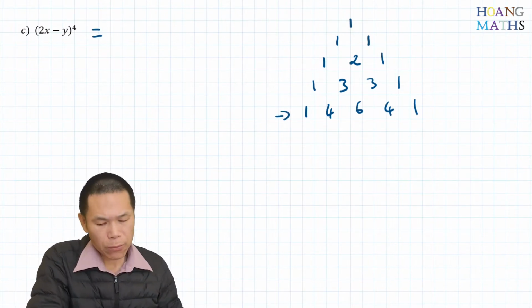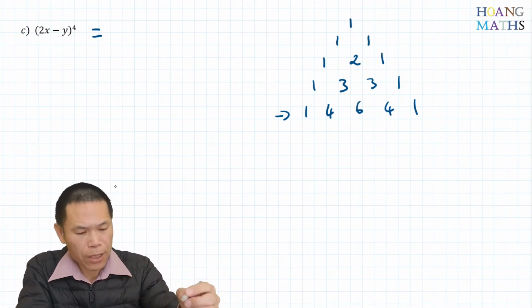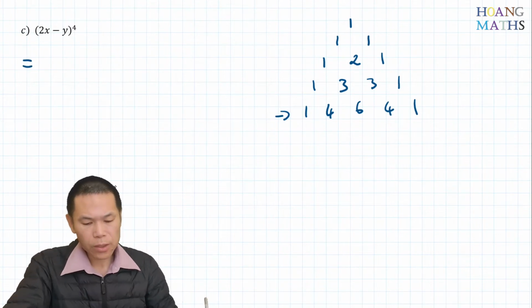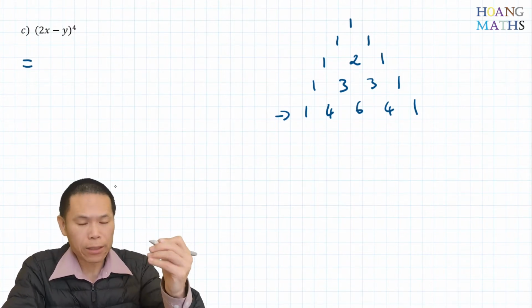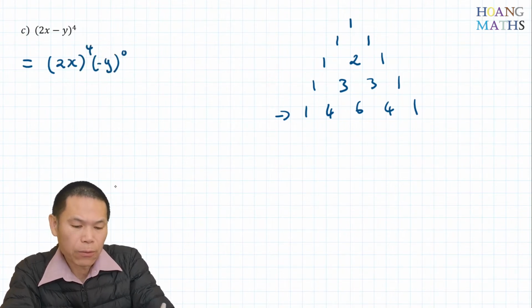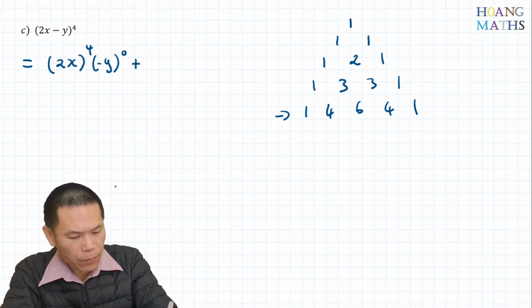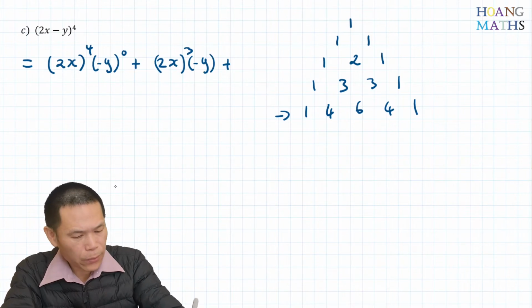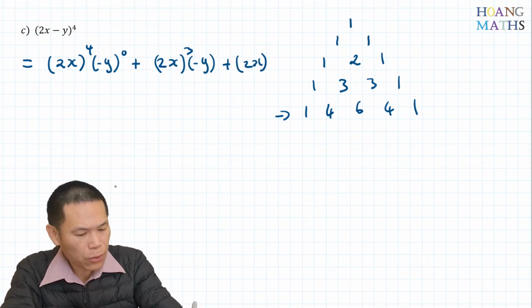So we just expand it first without the coefficients. Let me write underneath here. Because it's 2x, we better write brackets. So 2x to the power 4 and negative y to the power of 0. And then we add 2x to the power of 3, negative y to the power of 1, which is negative y. And we add 2x to the power of 2 and negative y to the power of 2.